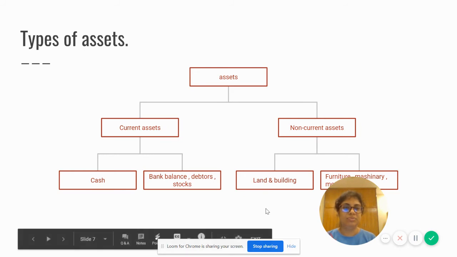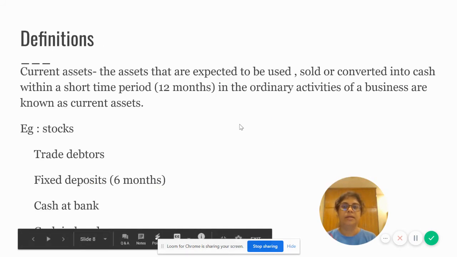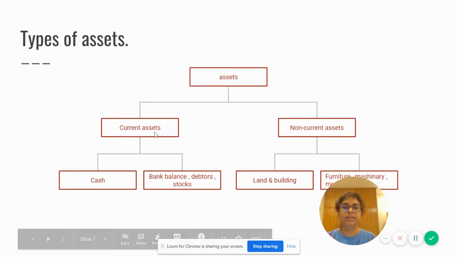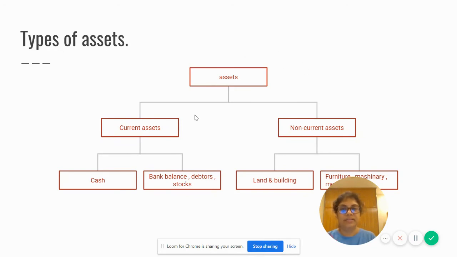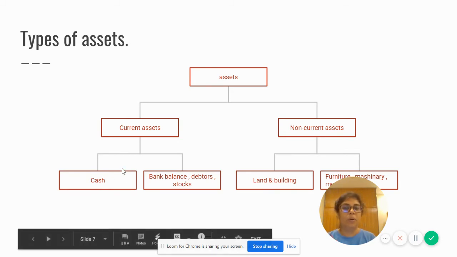So thereby we have categorized the assets like this. Basically, it's two types. The first type will be the current assets. The second type will be the non-current assets. Examples for current assets are cash, bank balance, debtors, and stocks. Even though I have divided them into two, it's just one figure.